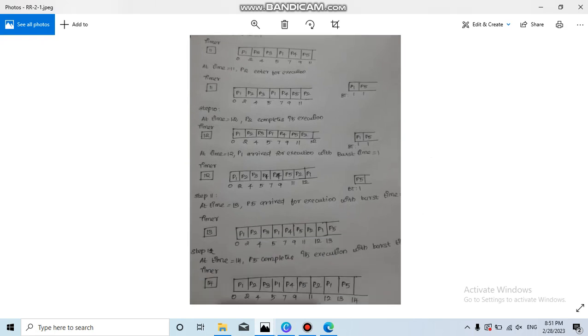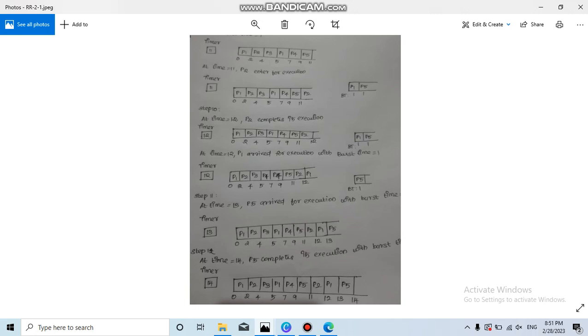At time 12, P2 completes its execution, and P1 arrives for execution with burst time 1. It is already inside the queue. Then at time 13, P5 arrives for execution with burst time 1, and at time 14, P5 completes its execution.